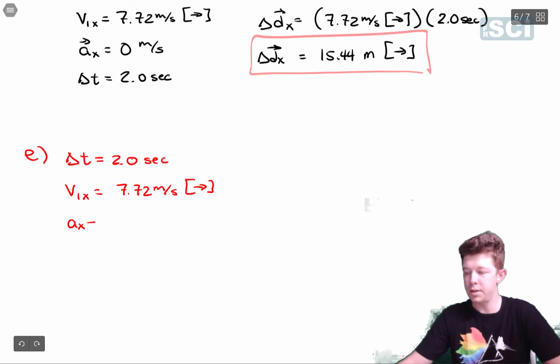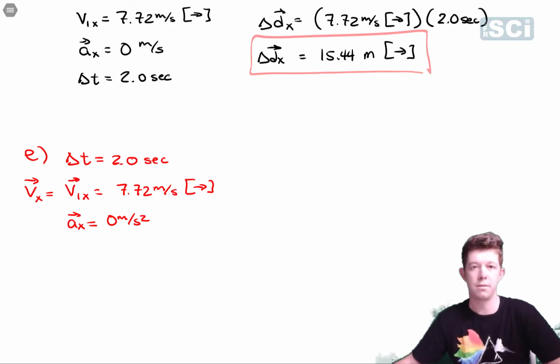My acceleration in the x direction is going to be 0 meters a second squared, which means my final velocity in the x direction is going to be the same as my initial. So I'm just going to call it Vx, because the velocity in the x direction will not change because there is no acceleration in the x direction.